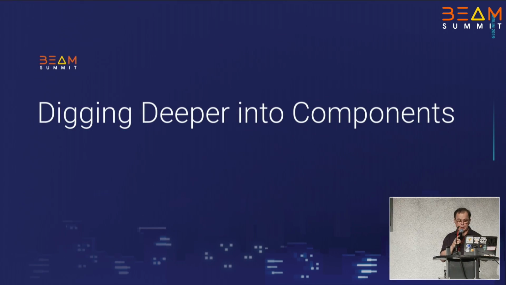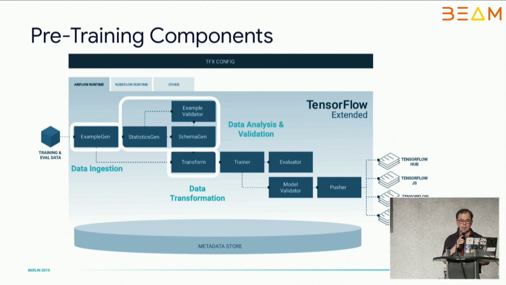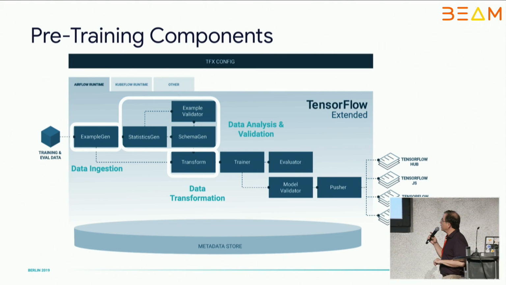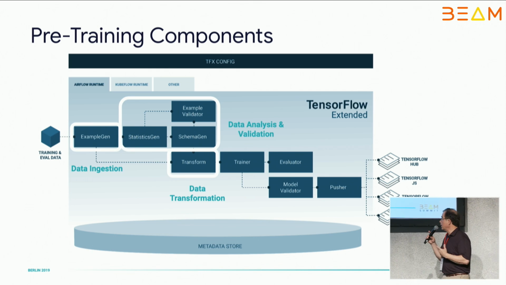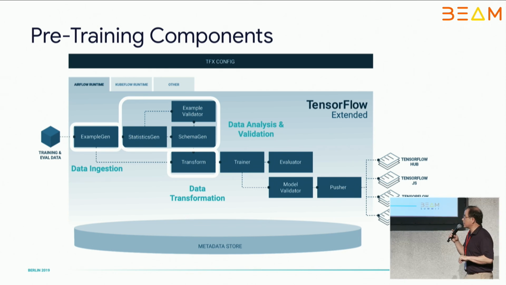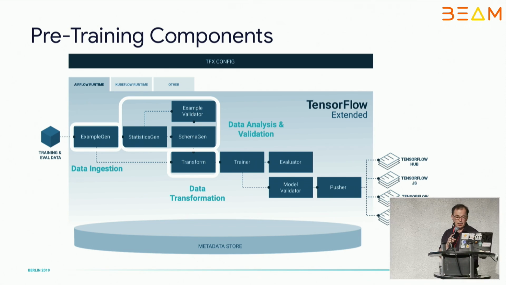So let's dig a little deeper into the individual components. We're going to start with the beginnings of the pipeline where we're doing data ingestion and the data analysis. This is using Beam. It's also using the TensorFlow Data Validation library.